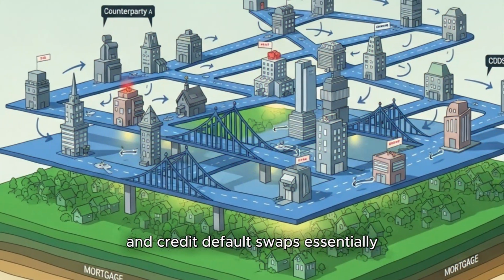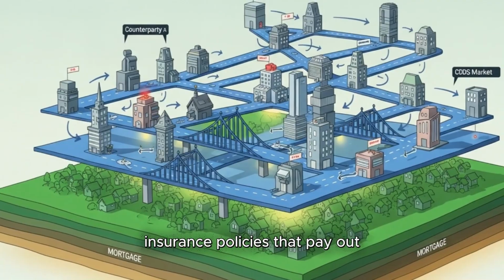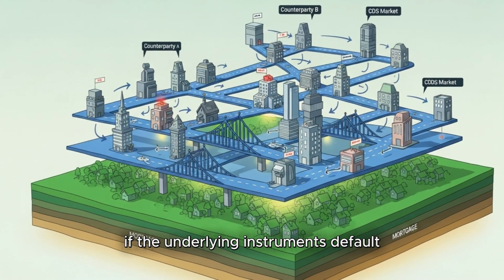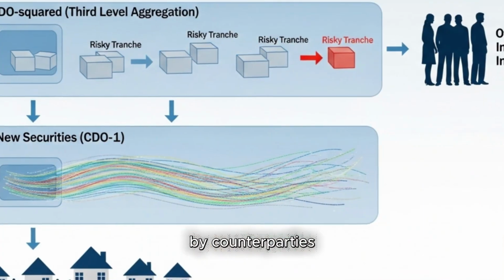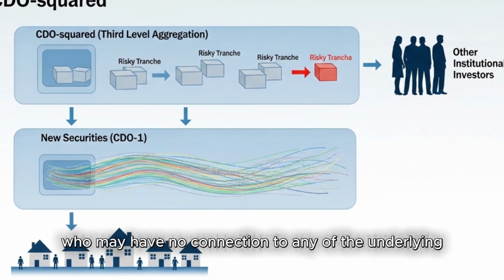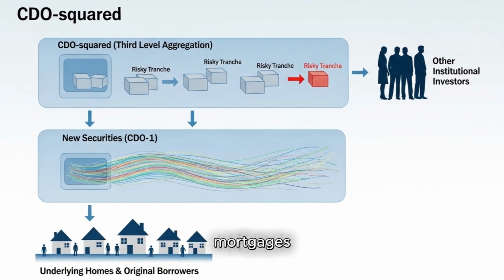And credit default swaps, essentially insurance policies that pay out if the underlying instruments default, are written and traded on top of all of it by counterparties who may have no connection to any of the underlying mortgages.